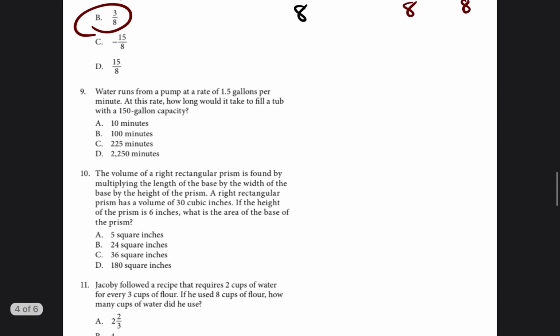Water runs from a pump at a rate of 1.5 gallons per 1 hour. Oh, per 1 minute, sorry. Amber, you gotta make sure that you read. 1.5 gallons per 1 minute. At this rate, how long would it take to fill a tub with 150 gallon capacity?